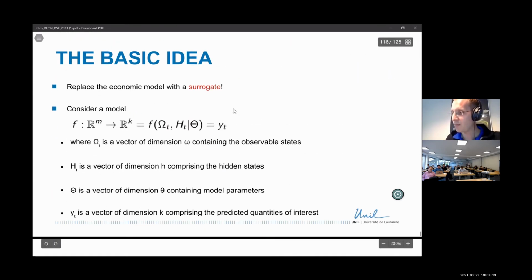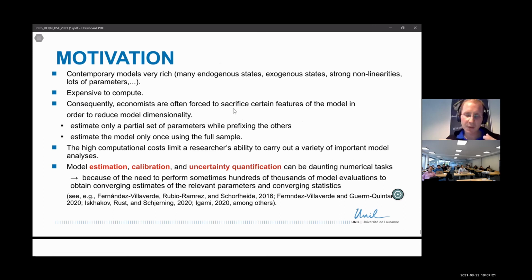Now, the basic idea, if you want to do estimation or calibration or uncertainty quantification, is that you always have, for instance, some empirical moments that you observe, and then you solve your model in a loop until you restrict your parameter to where it should be. And this can be very costly, because if you look at the literature, there are papers by Tony Whitehead and others.